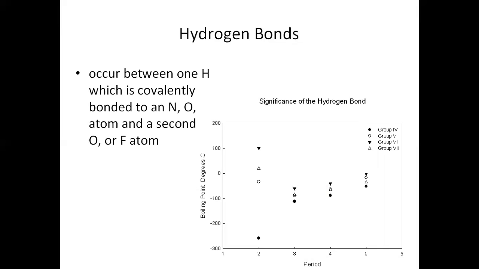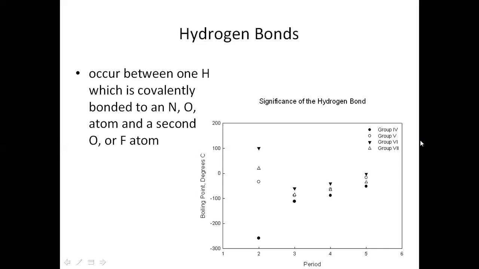The reason that these are the only three elements that matter is shown in this graph. What I have done is plot on the y-axis the boiling point of various saturated elements as a function of the period number on the x-axis.